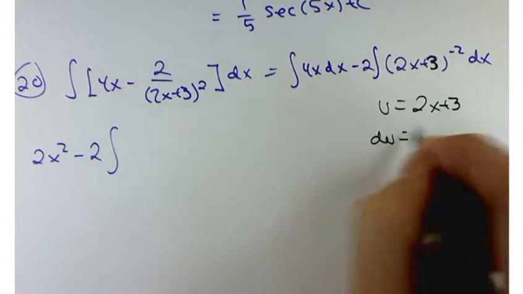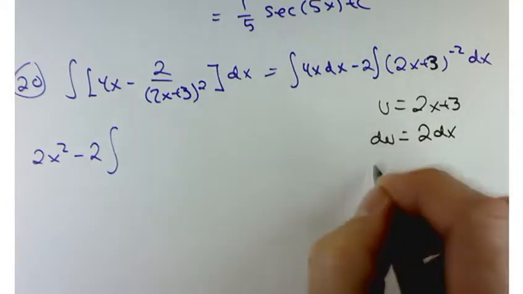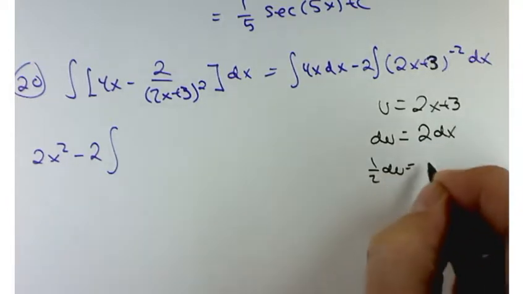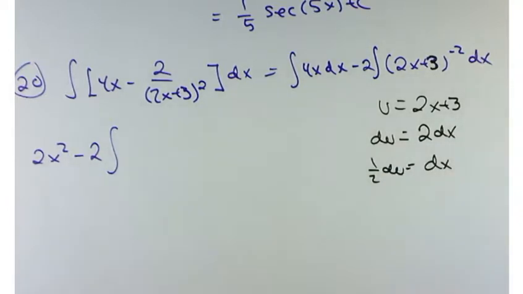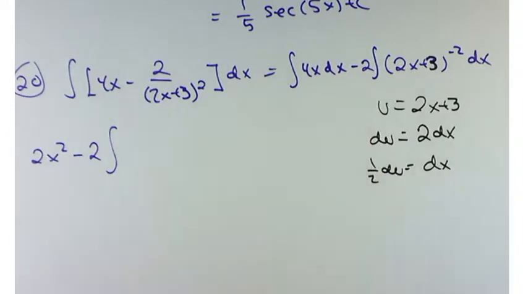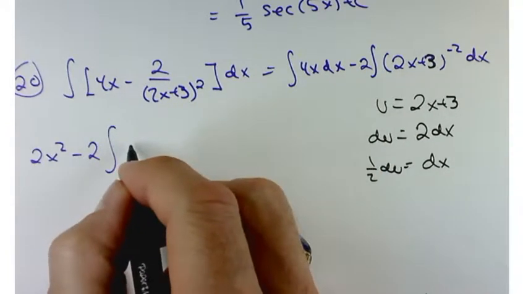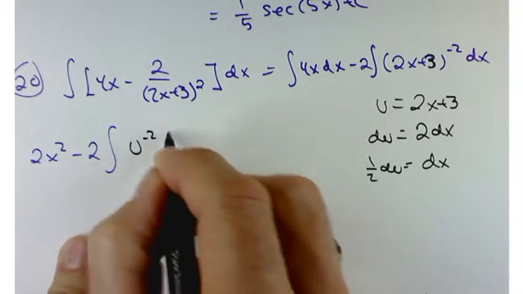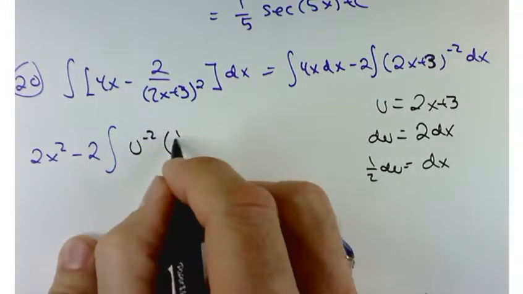So du is 2 dx, or 1/2 du equals dx. All right, so we get u to the negative second times 1/2 du.